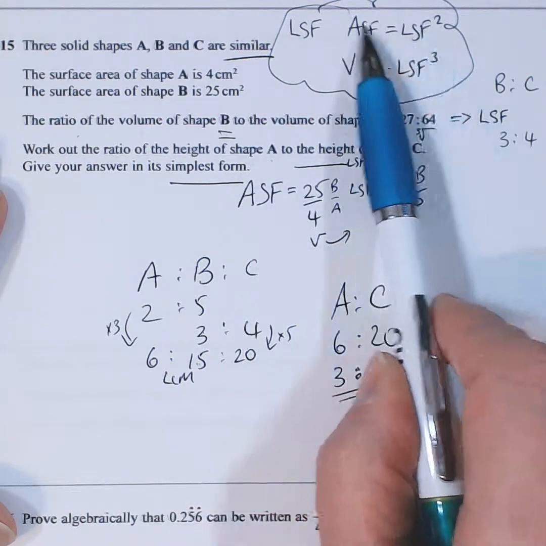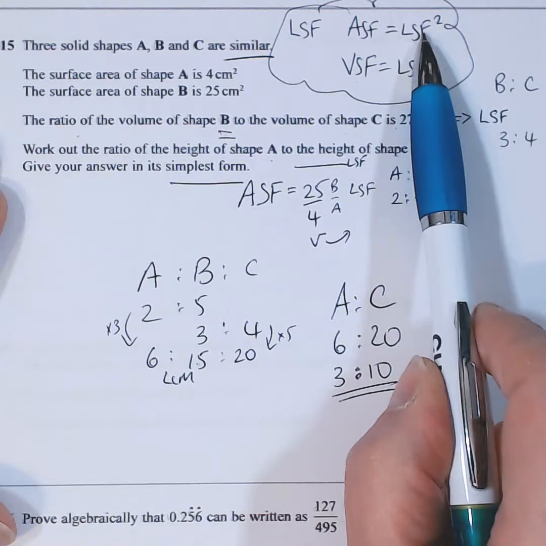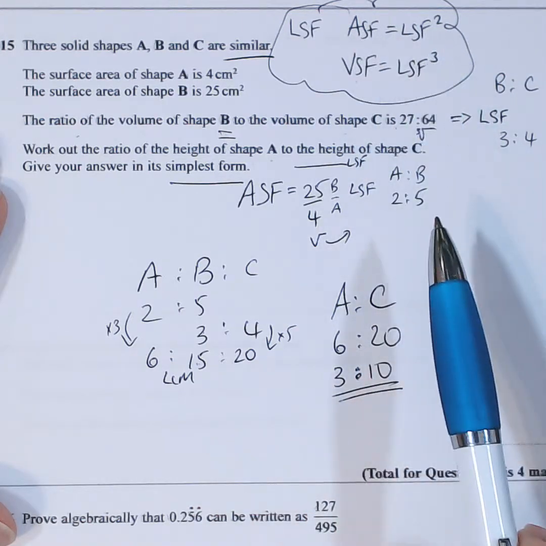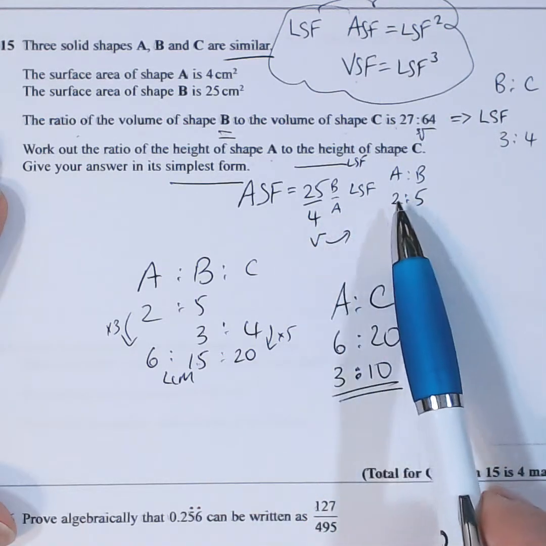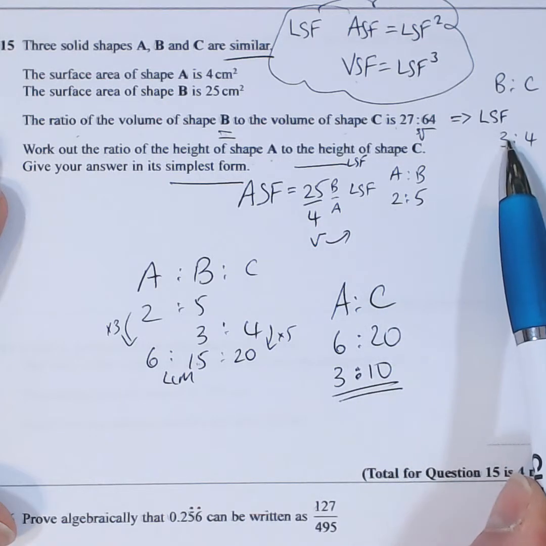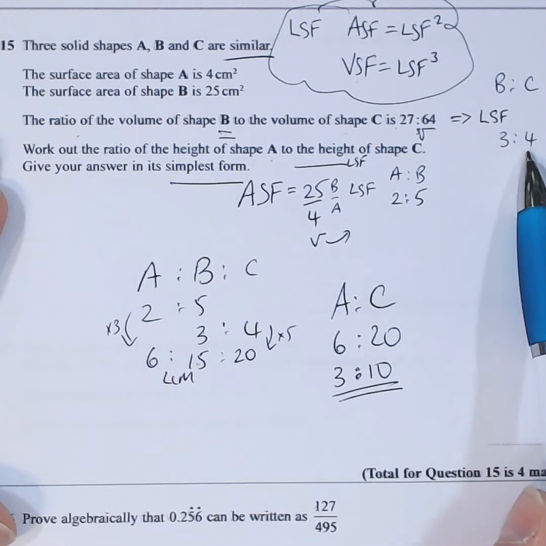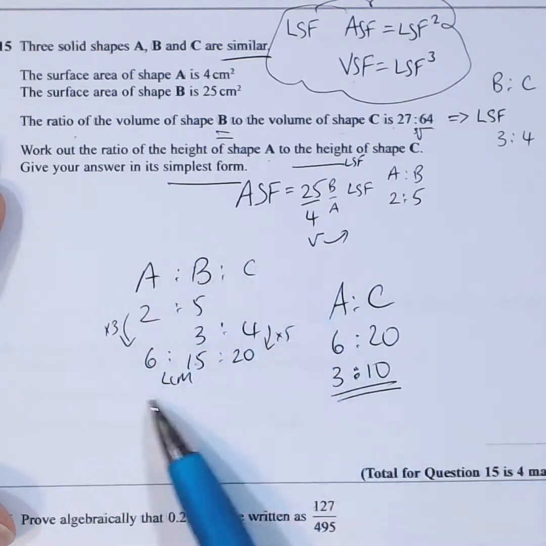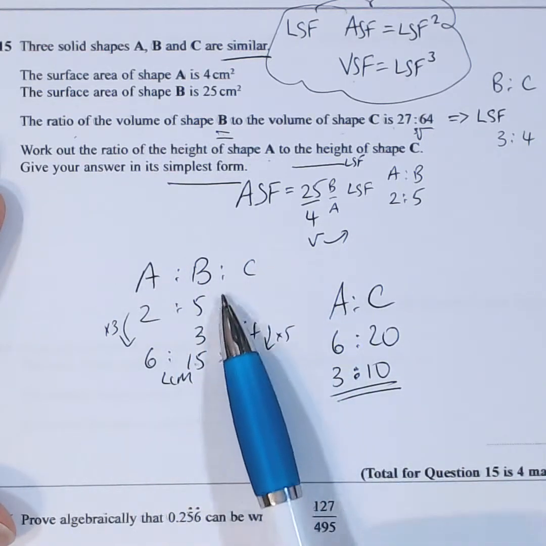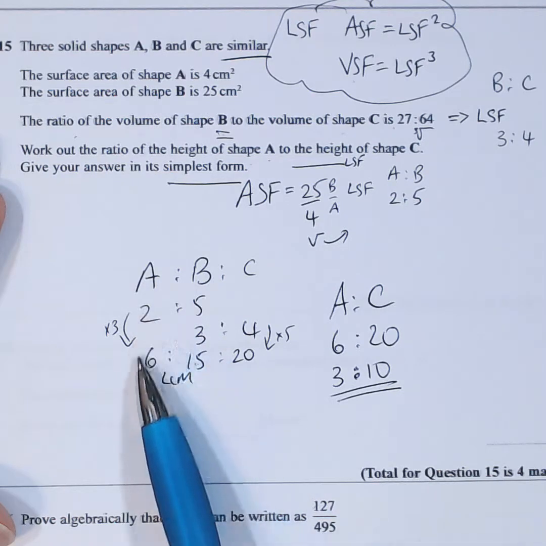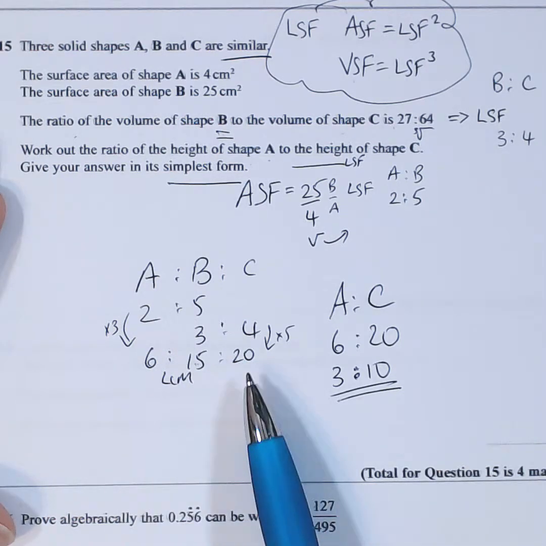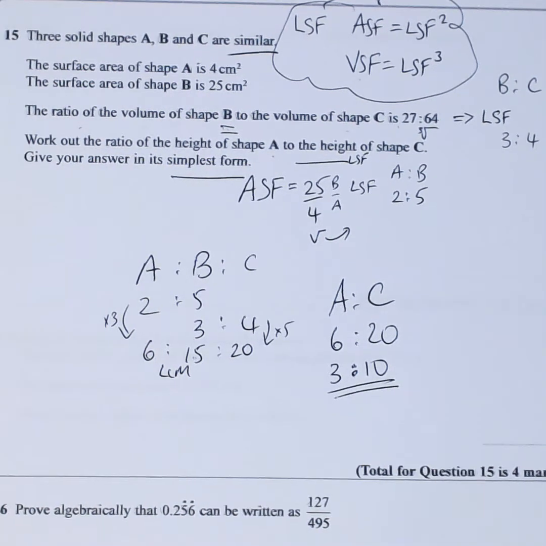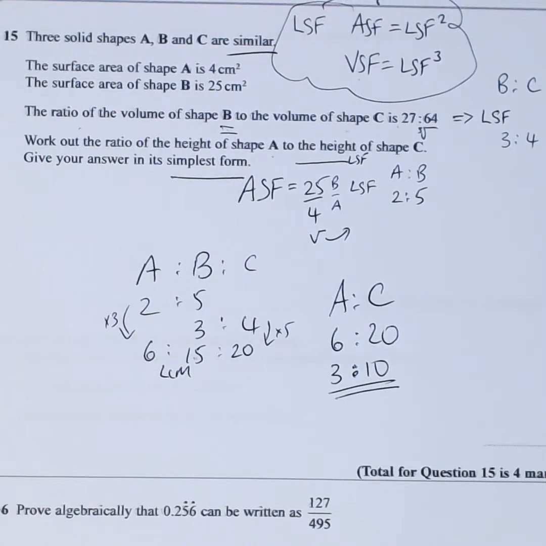So if we reverse these, the square root of the area scale factor will give us the linear scale factor, and that's why we ended up with these numbers here. And we cube rooted the volume scale factors, and that gave us the ratios. And then of course we used our technique of when we've got three variables, look for a lowest common multiple to get what the ratio will be for all three quantities together. Okay, so that's how that question could have been done, guys.